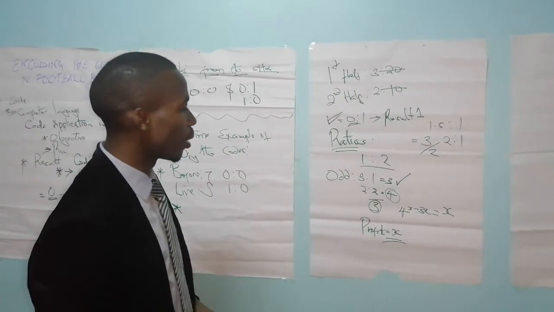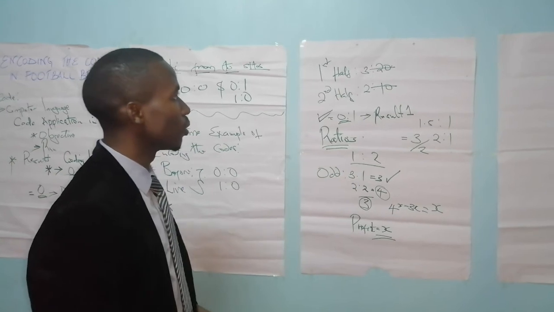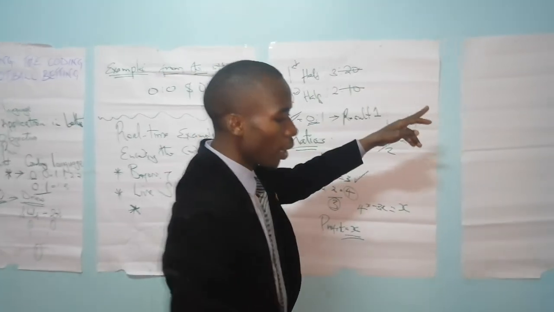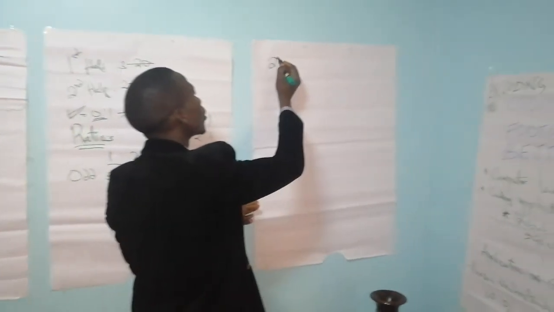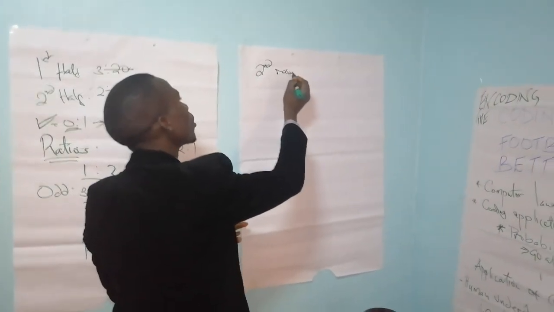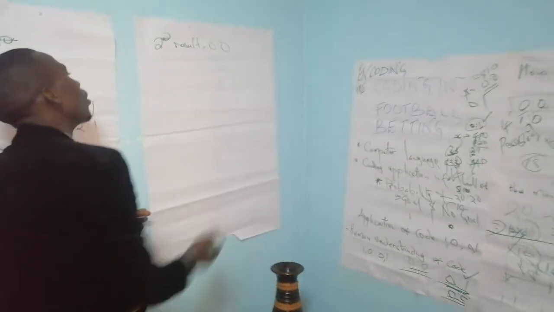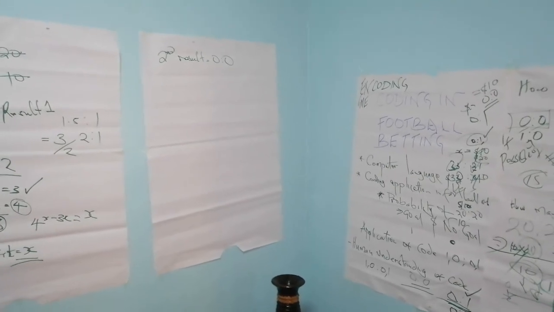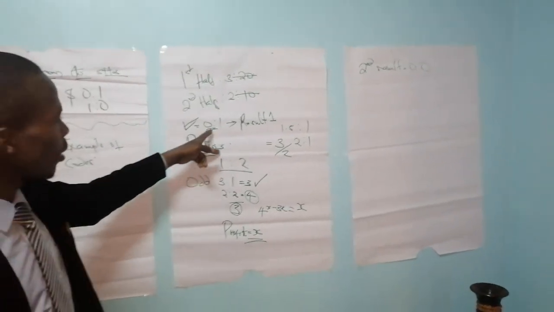We want to run the second result. Remember, our second result will be in the ratio 0, 0. That's our second result, which is a potential result.